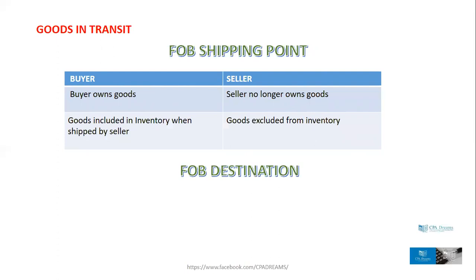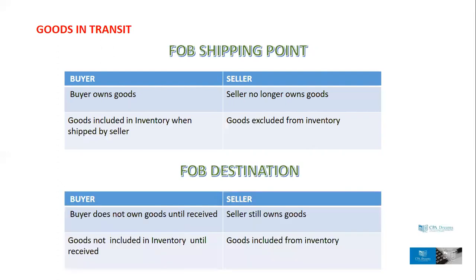So ang ibig sabihin nito, pagka bumili na ang buyer, kahit na ang items is in transit, umalis na sa warehouse, nasa third party logistics na siya, automatically the buyer owns it, even if it's not received in their location. Okay, so that means the buyer includes it in his inventory and in his payable. What about the seller? Of course, the seller already recognized his sales, and these are already excluded from his inventory.